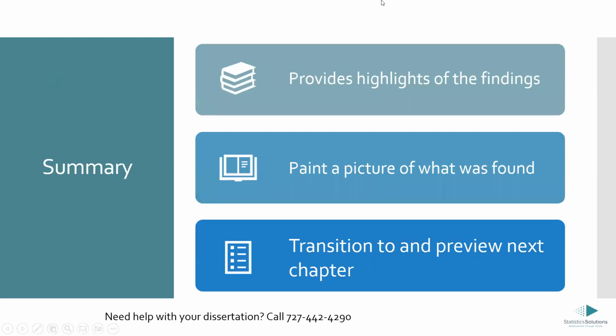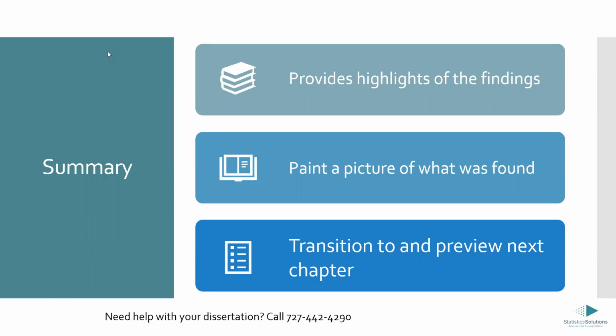And then we have the summary. Provide some highlights. This is where you will again tell your reader what you just told them. Give us the highlight reel of your results chapter. Paint a picture of what you found, and then transition to your discussion and give a brief preview of what you're going to be talking about in the discussion, because that is where you can really get a chance to dig into the meaning of what you found.